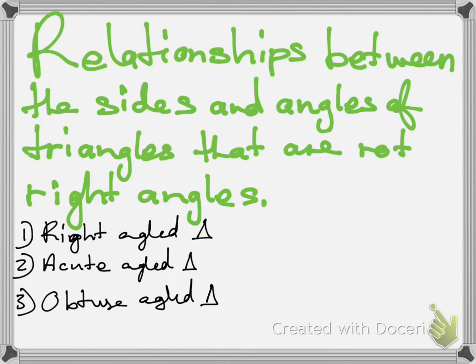Now we want to look at acute angled triangles and obtuse angled triangles and see how we can tell if a given triangle is an acute or obtuse angled triangle.